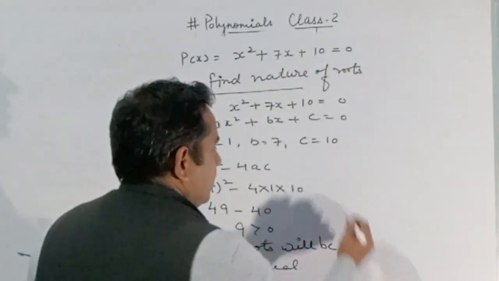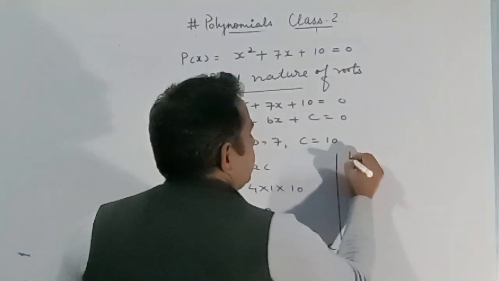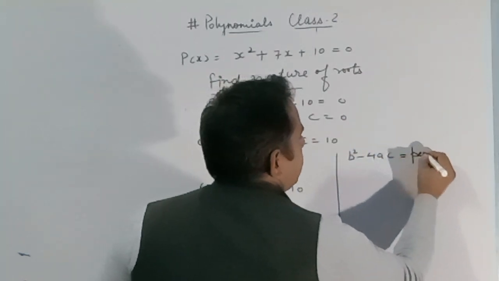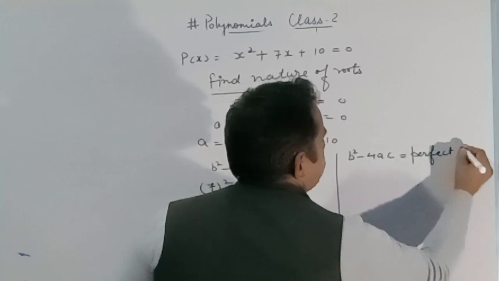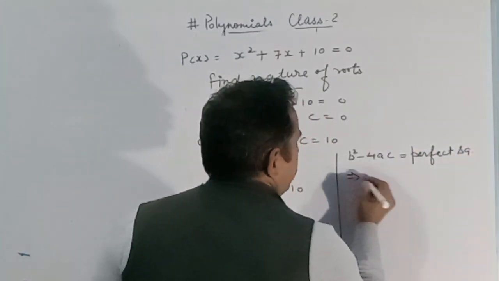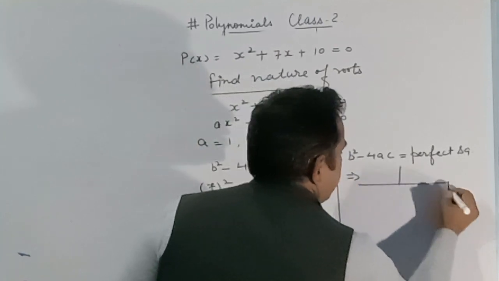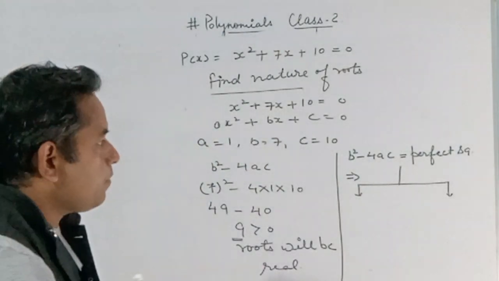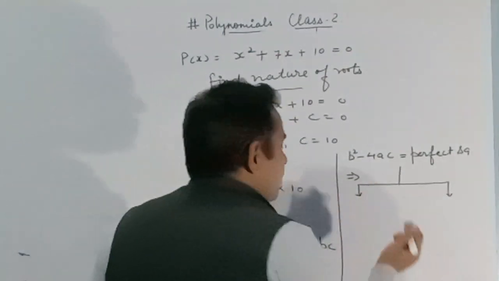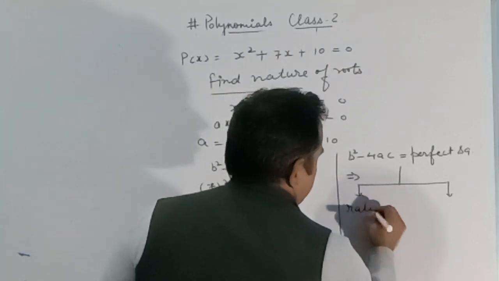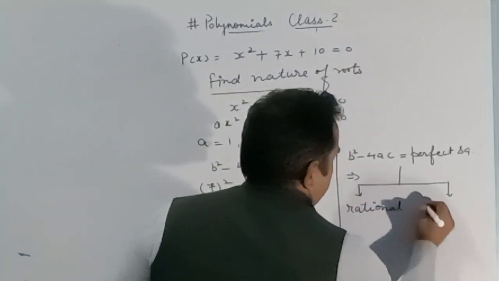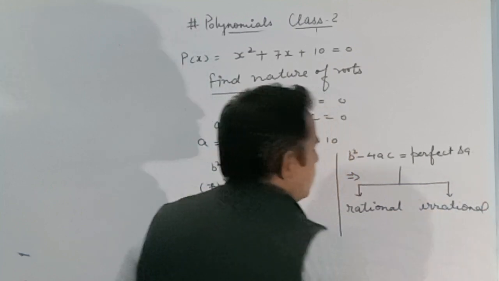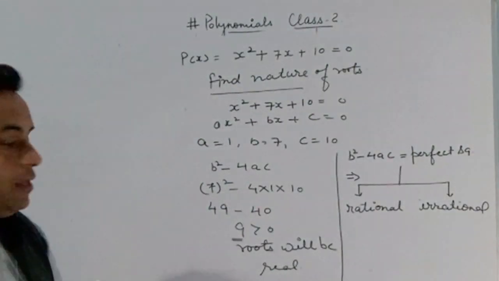And in this case, when b square minus 4ac is a perfect square number, then two cases arise: rational or irrational. Clear?